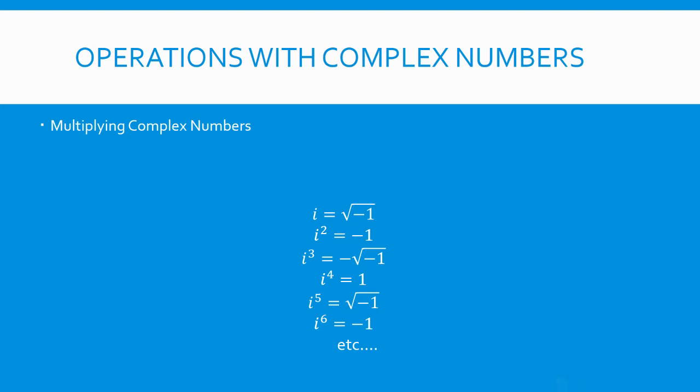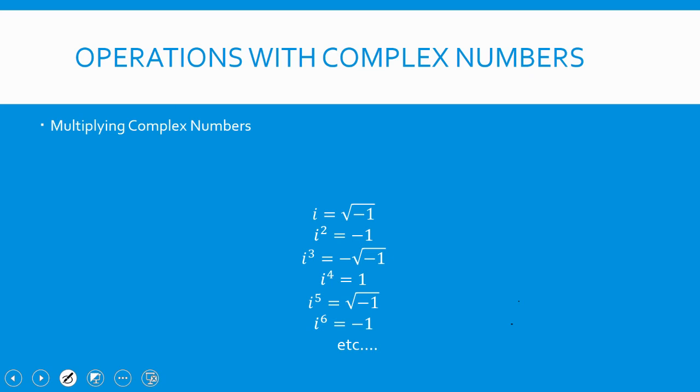Notice why this happens: if you continuously multiply by the square root of negative 1, the operations will alternate between being imaginary and real and being positive and negative.